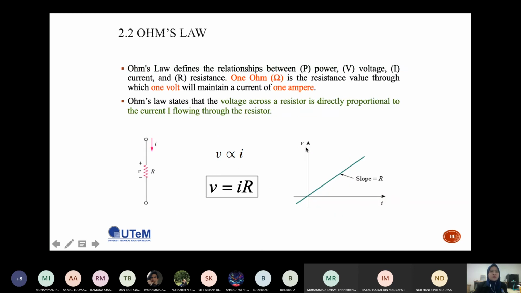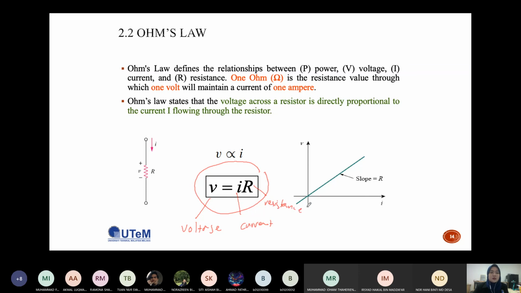This is Ohm's law. Ohm's law states that V equals IR, where V is the voltage, I is the current, and R is the resistance.